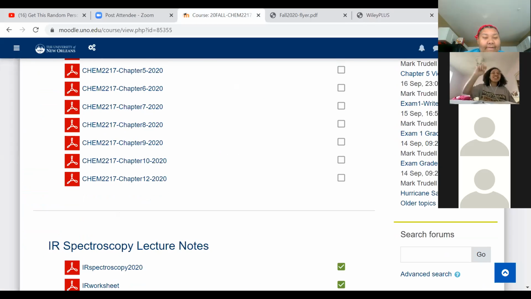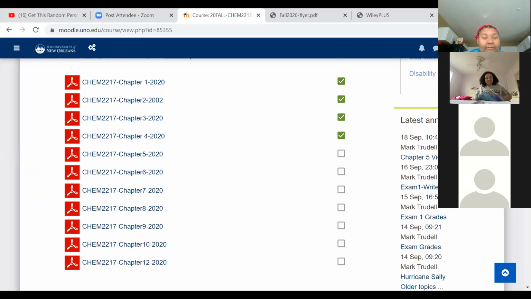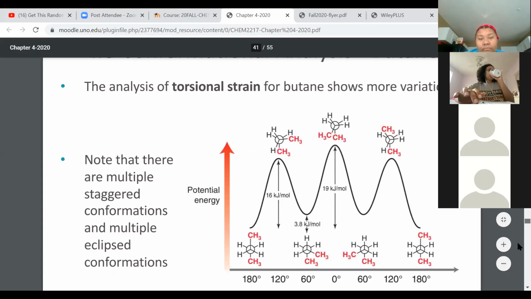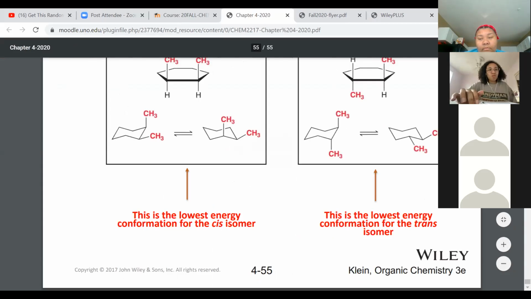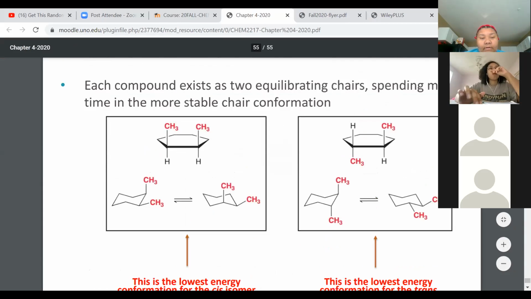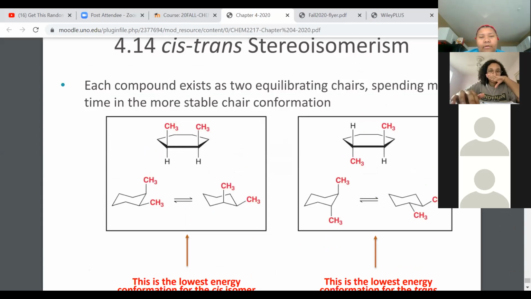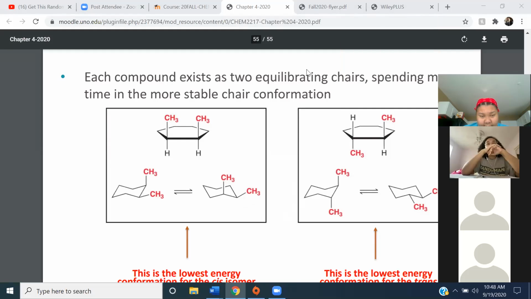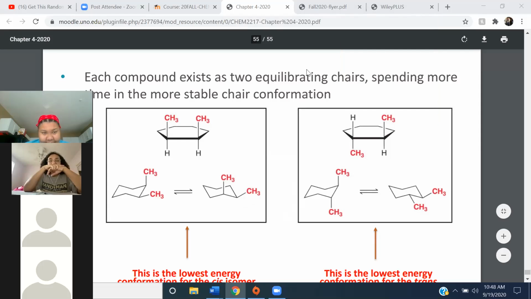It's something with the equatorial and the axial positions, as well as the energies, from what I'm getting. Oh, I see it. All right, let me share my screen. Is this one right? Yeah.